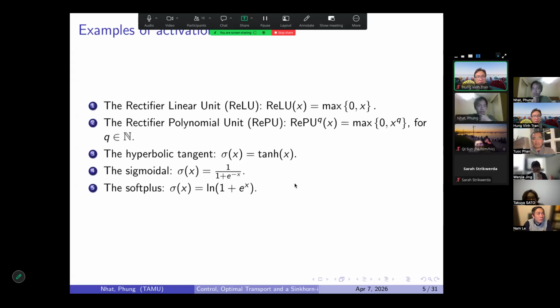In our work, all of these only need to be locally Lipschitz, and they are classified as a class of neural networks named neural approximate identity. I will talk about that definition later, but all of this is applicable to our theoretical results.